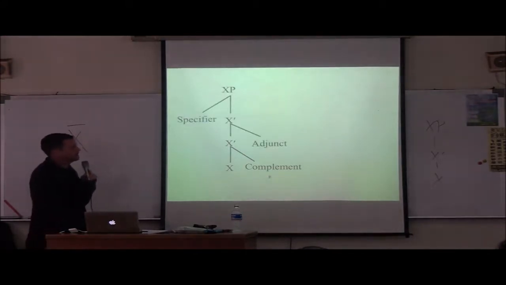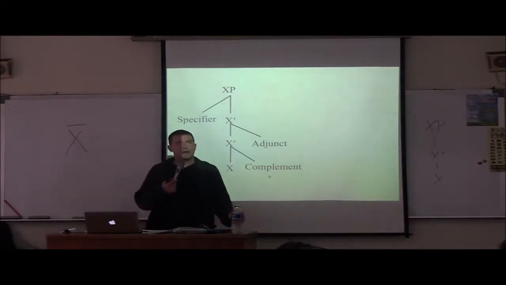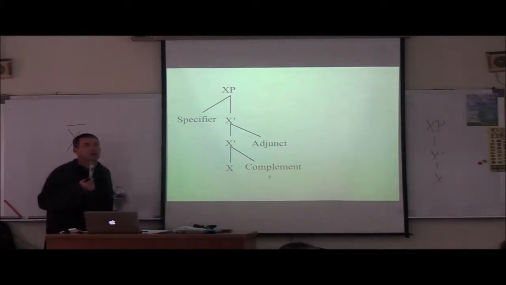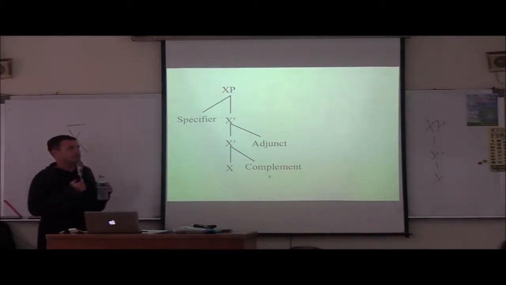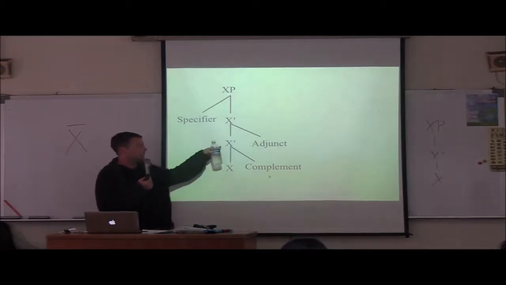So in a phrase that had one complement and one adjunct and one specifier, there would be, of course, an XP and a head. In addition, there would be two X bars in the phrase. For every adjunct in a phrase, you need to add an X bar. There's always going to be at least one because you need a mother to the head.